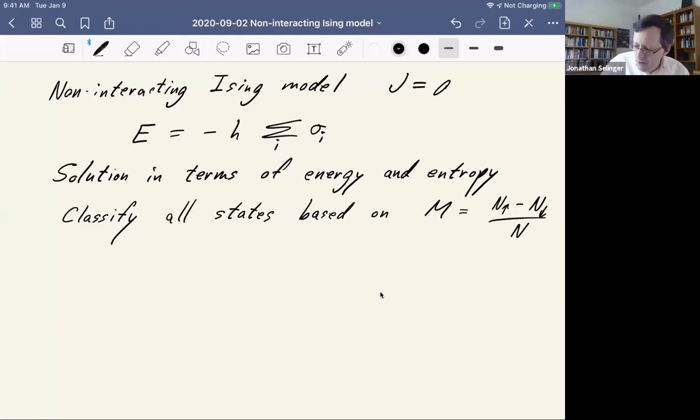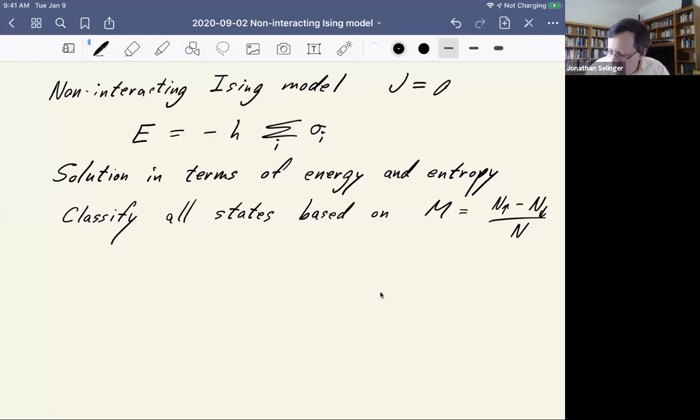Now, in order to do that, I want to say, each value of m is associated with a certain number of spins pointing up and a certain number pointing down. Okay, so how many, right?